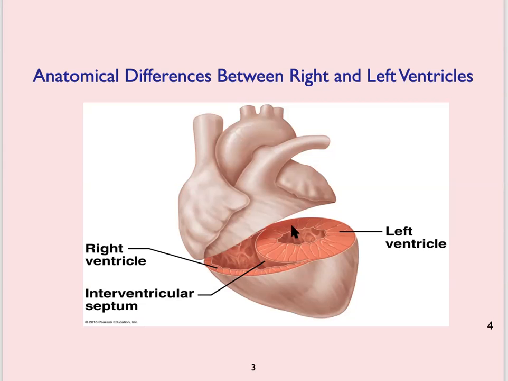Your left ventricle has to generate greater pressure to propel blood through that circuit, compared to the right side pumping blood into the pulmonary circuit. So both sides pump the same volume of blood, and these circuits are in series.